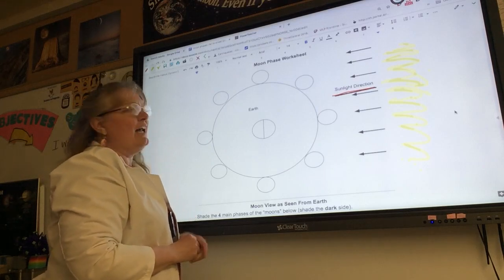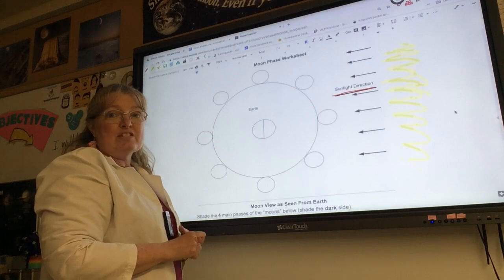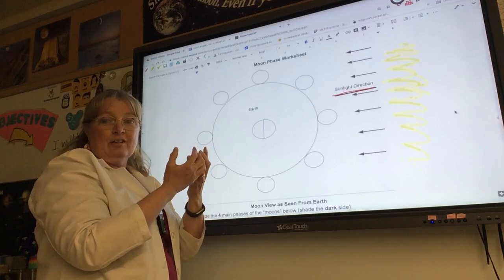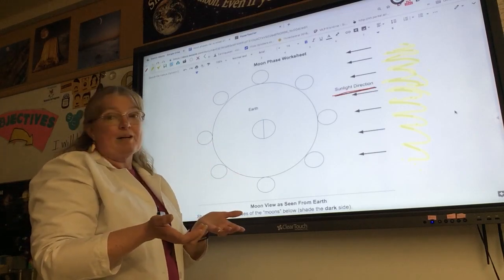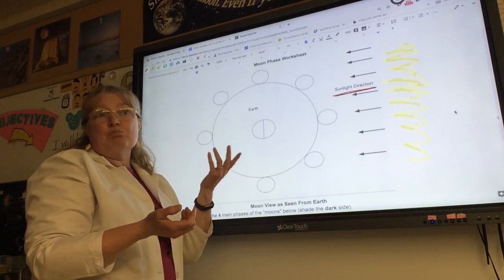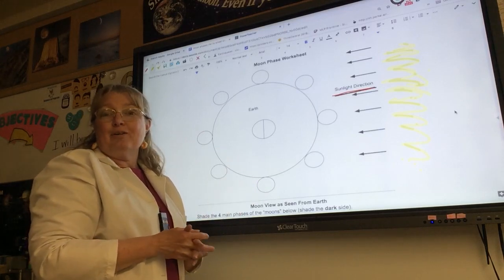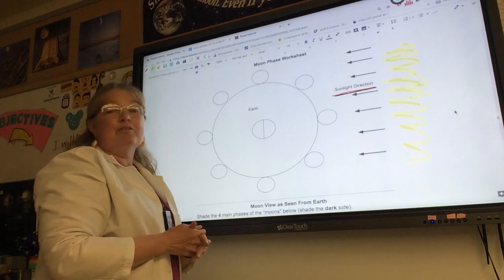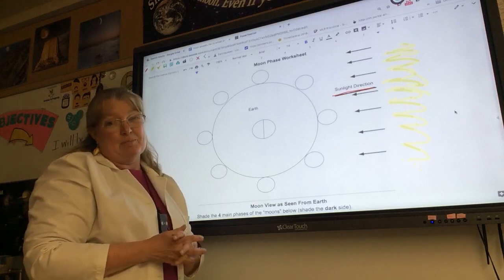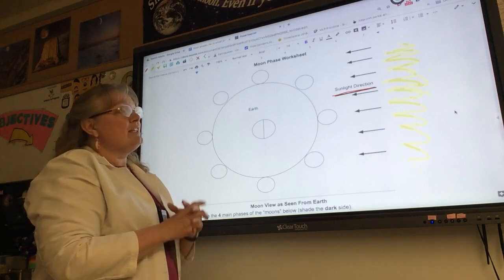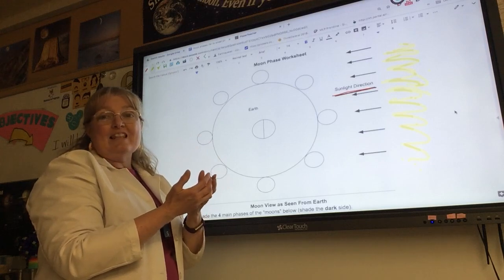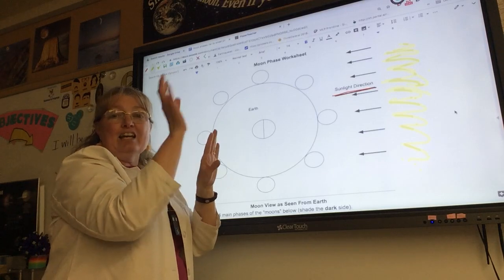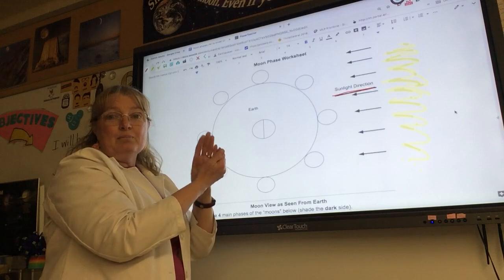And we know that the moon is a sphere. Sphere means that it's circular, you know, like a ball. We've talked about spheres before in maybe geometry or in math class. And you've probably played with spheres in gym class as well. So it's a sphere, and it means that light cannot hit both sides at the same time because it's round.